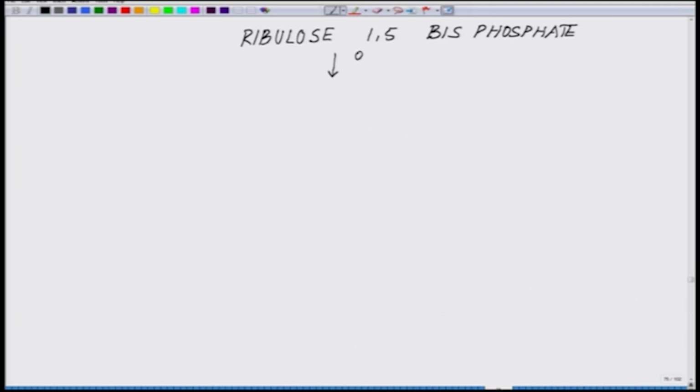But in this situation what you are adding is oxygen, and what you are getting is 1 molecule of 3-phosphoglycerate. We have already talked about it, but the second molecule is what needs to be got rid of, which has COO and CH2O PO3 2 minus, which is phosphoglycolate.